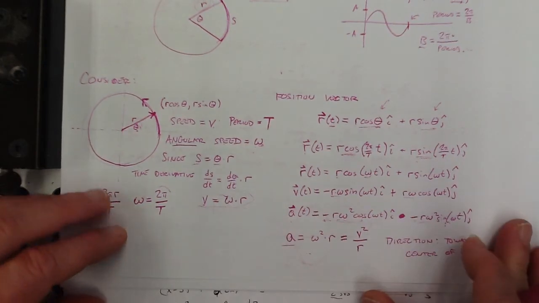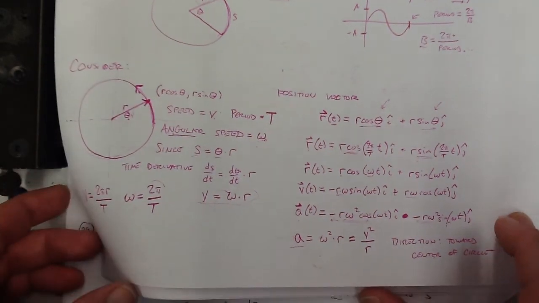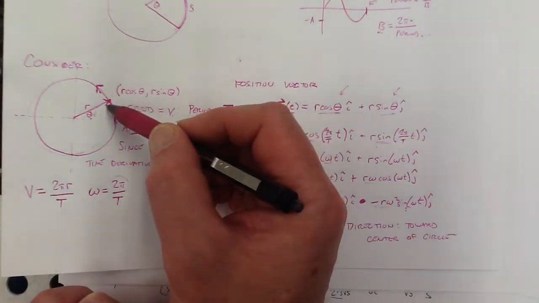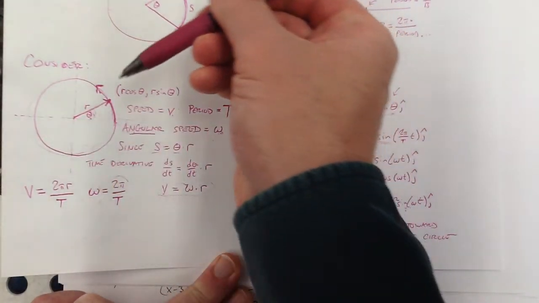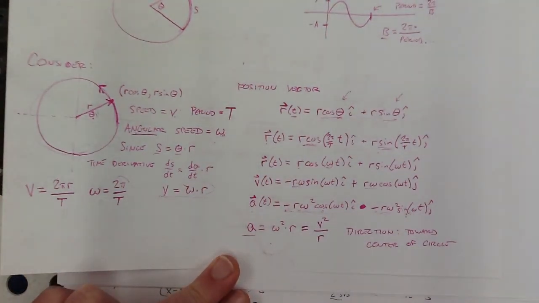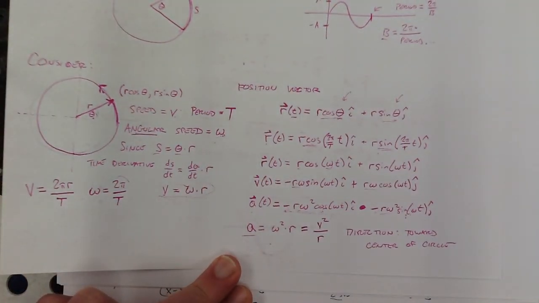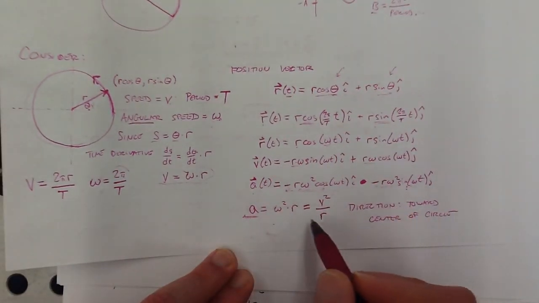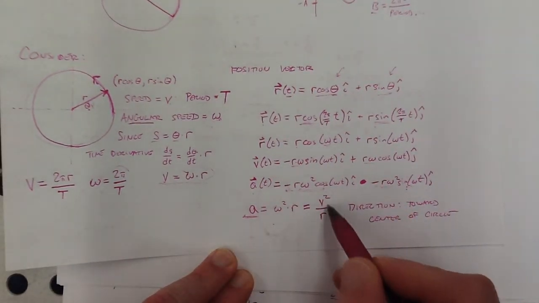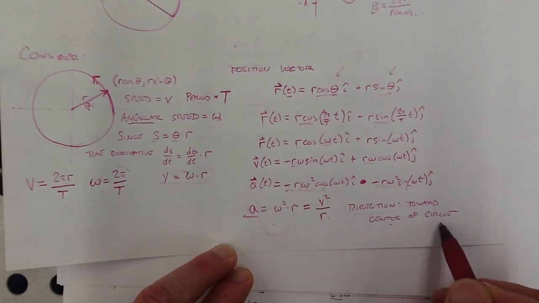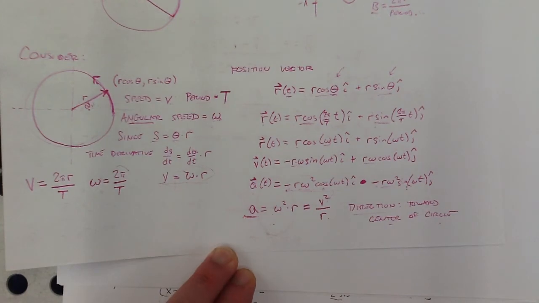And just like the direction of the velocity and the direction of the position vector also, this is constantly changing. So as it moves around the circle, the direction is always toward the center of the circle. How about that? So the acceleration has a magnitude of omega squared r, or v squared over r, and the direction of that acceleration is toward the center of the circle.